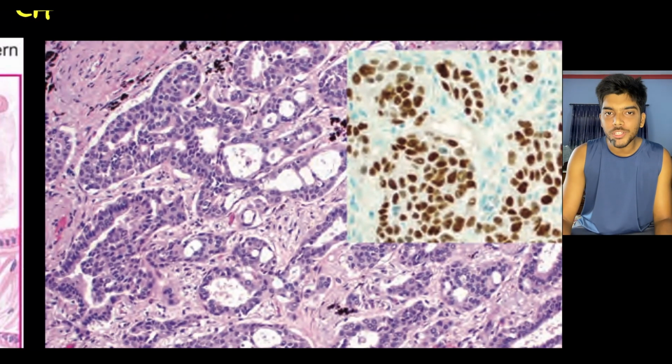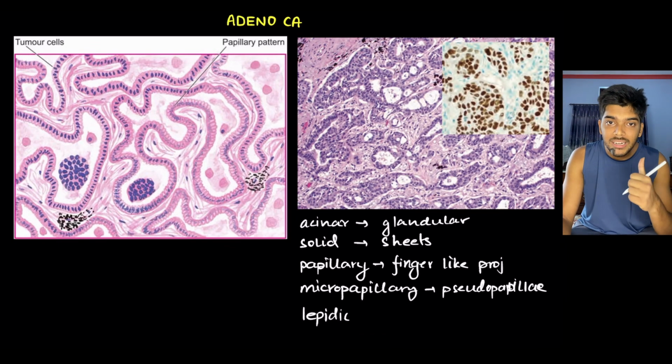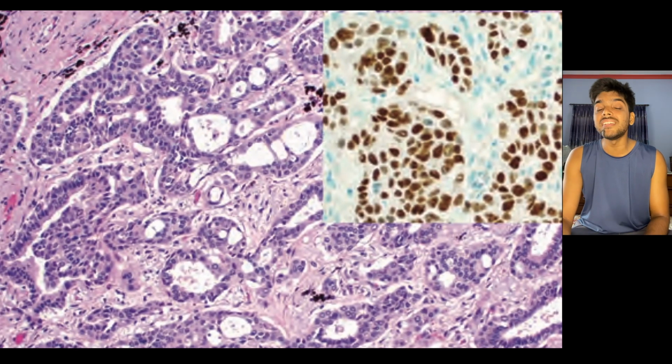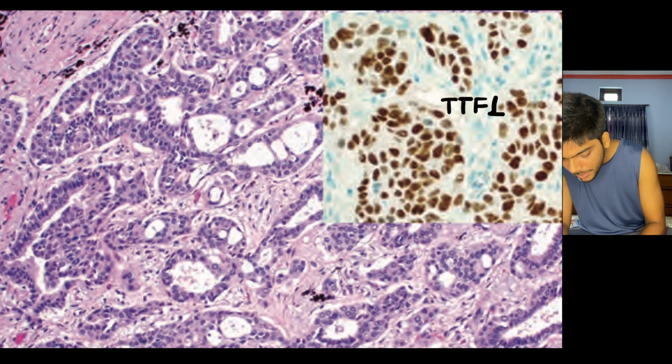In adenocarcinoma, what is the tumor marker? I taught you two, thyroid transcription factor 1 and napsin A. In this immunohistochemistry, we are looking at darkly stained tumor cells due to the presence of thyroid transcription factor 1. Okay.